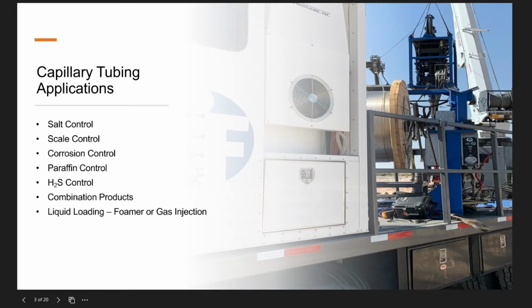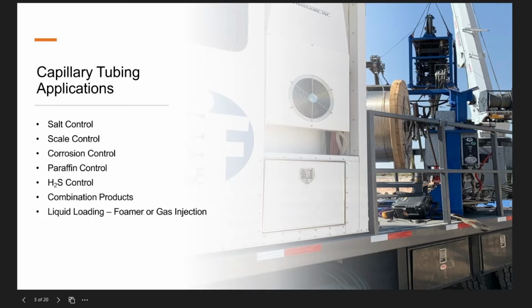But that's been pretty interesting because an operator a lot of times might install a cap tubing just inside casing without any kind of production tubing and inject that foamer to help keep those wells on production. So pretty neat little applications. Oh, yeah. And, in my simple brain, it's basically just small tubing.